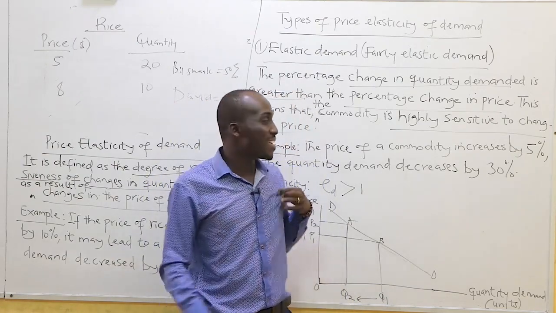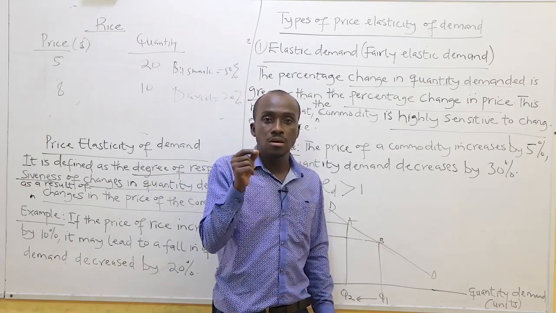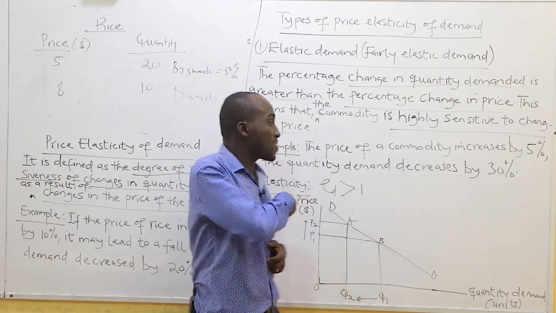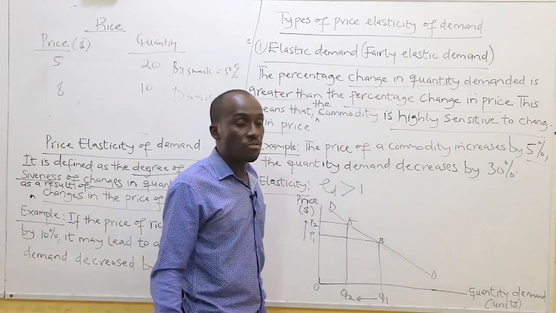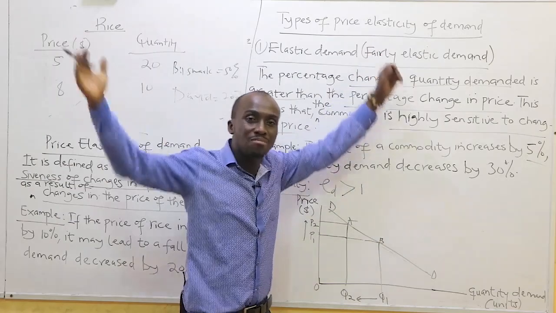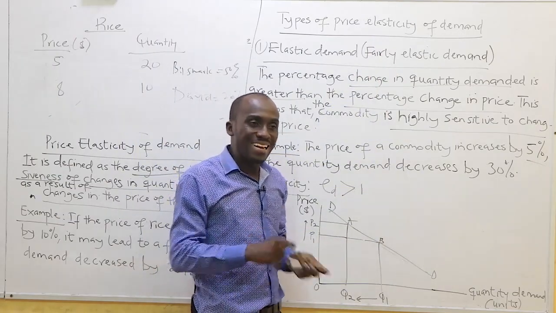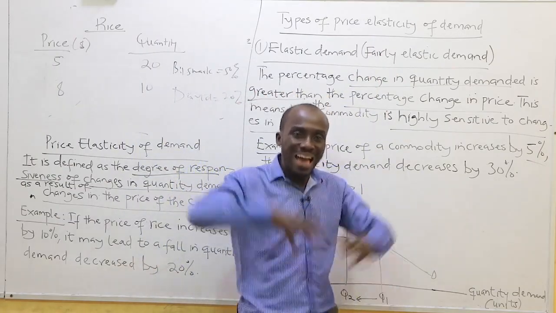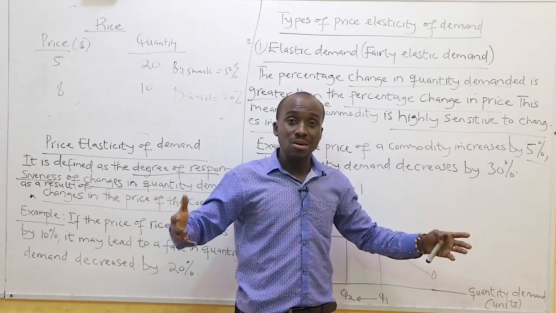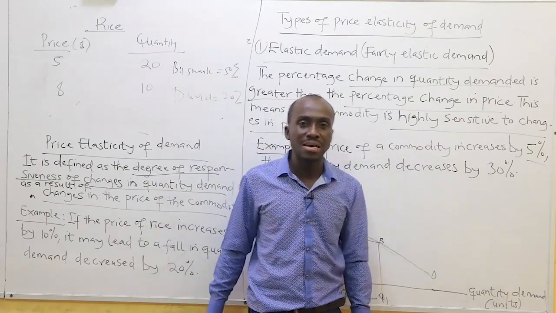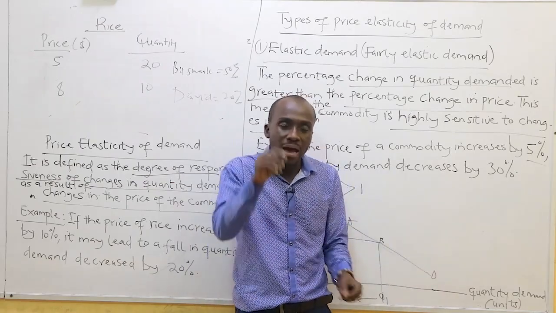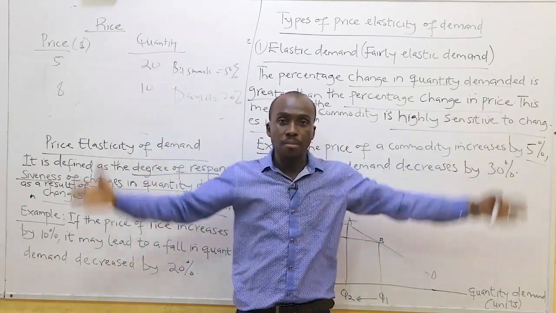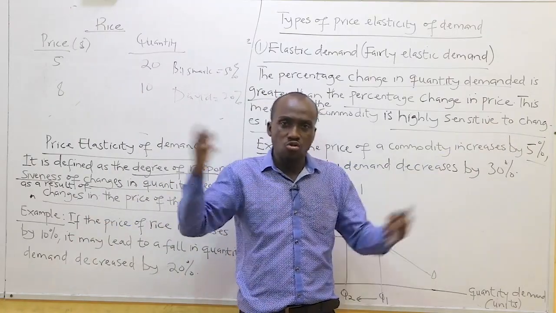Meaning that if the price increased by maybe 5%, demand will fall by 30 or 50%, a very big margin. So the slightest changes in price cause a large change in demand. That means the commodity is very sensitive to changes in price. If you reduce it by a small margin, a lot of people will come and buy. If you increase it by a small margin, a lot of people will stop buying, right?